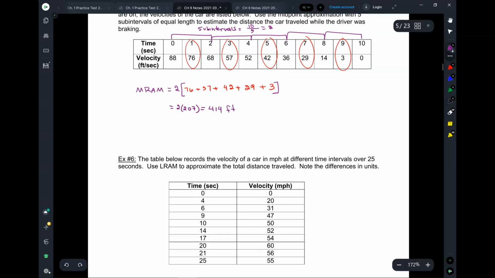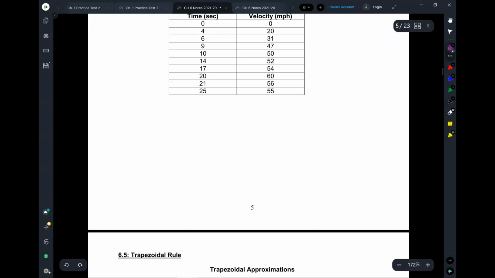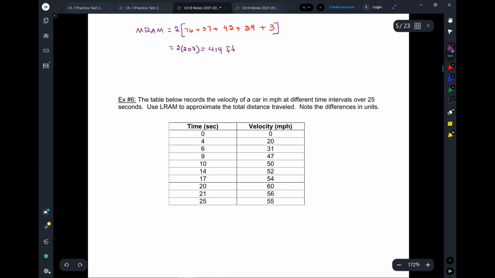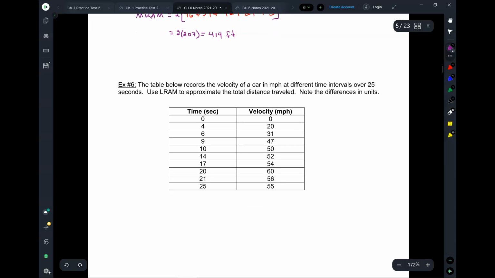Feet. Distance. Good. Last but not least, the table below records the velocity of a car in miles per hour at different intervals over 25 seconds. Use Lram to approximate the total distance traveled. You've got a little hint there, which you will not have any other time.